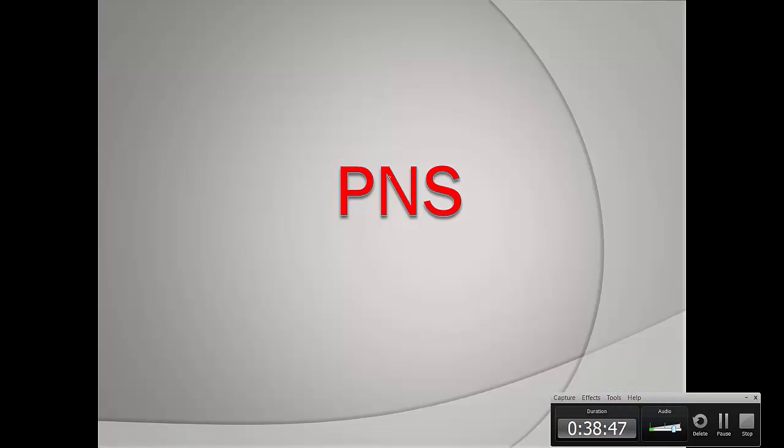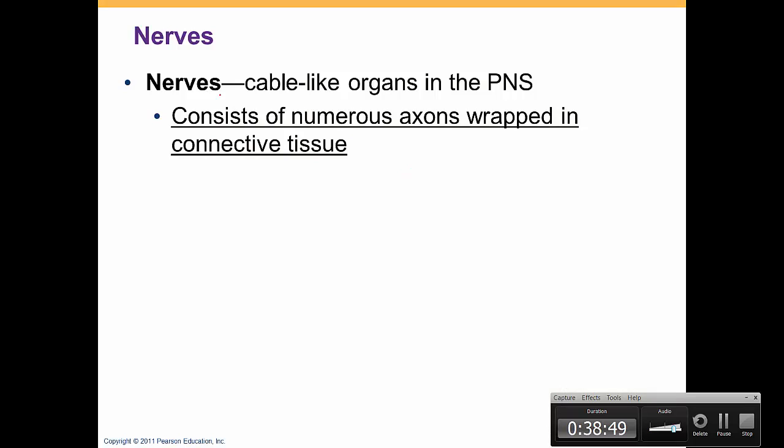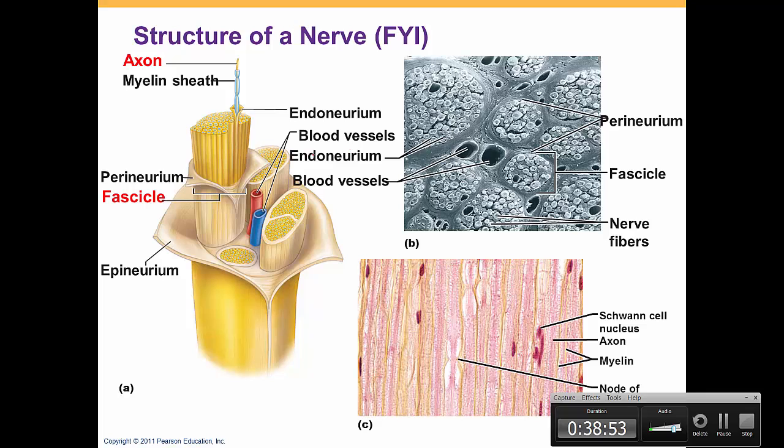Now next is my peripheral nervous system. The peripheral nervous system consists of nerves, and these nerves are made of neurons. So here is one axon, and this axon is covered by myelin sheath, and different axons together make something called a fascicle, and this fascicle is covered by connective tissue.